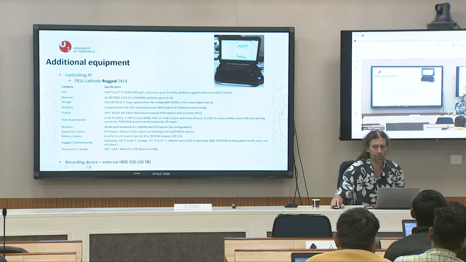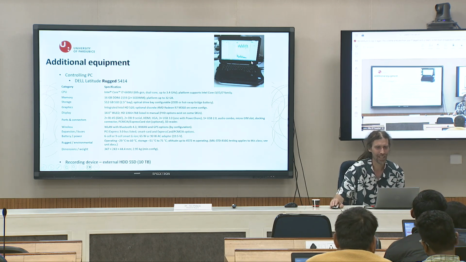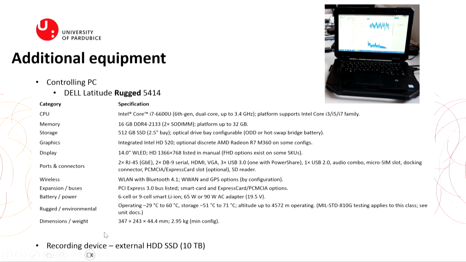Additional equipment: we use a standard big PC, and then we have a rugged PC with military specification, because if it starts raining or something, this PC will still survive. The recording device was an external SSD hard drive, about 10 terabytes of data. I will not read any data because it is a standard laptop, just in a rugged solution.